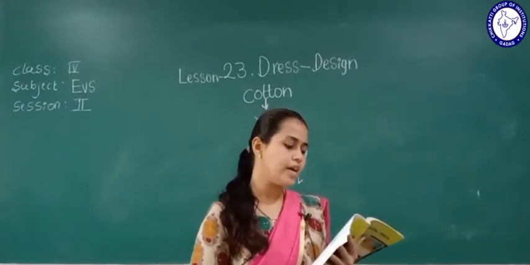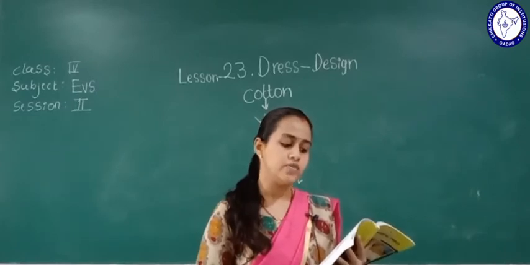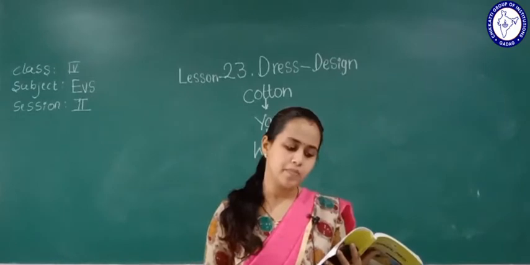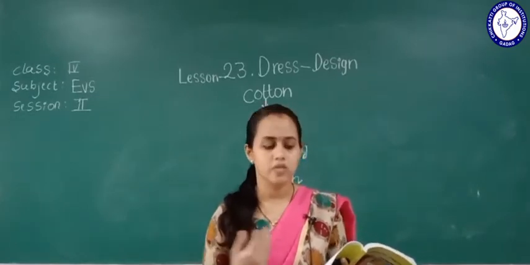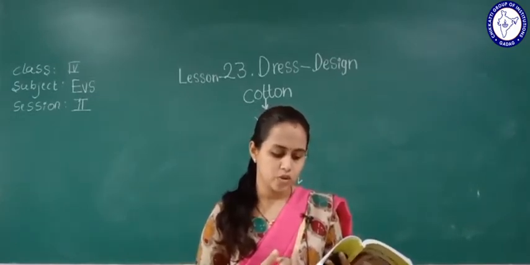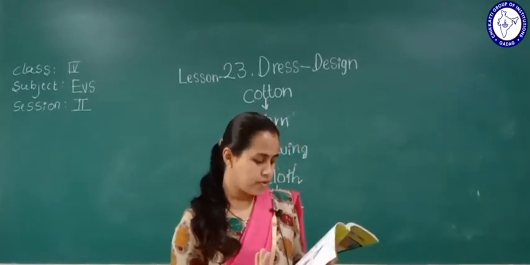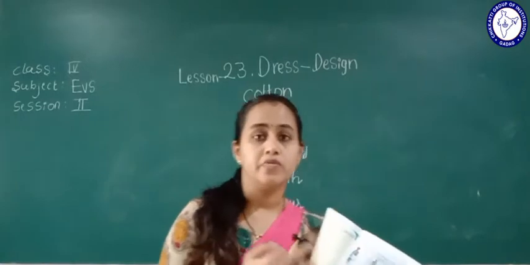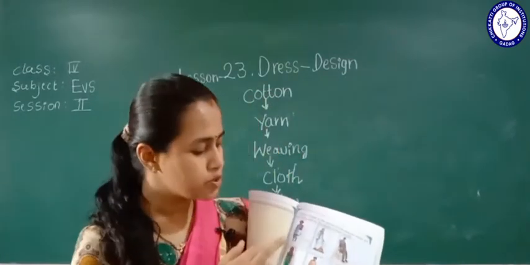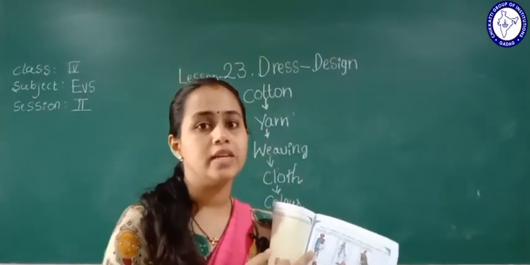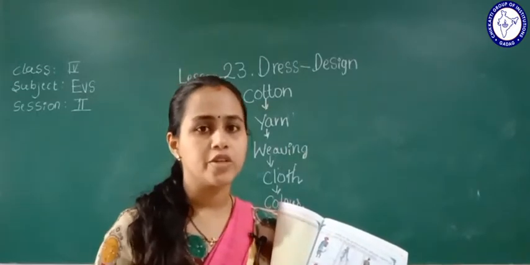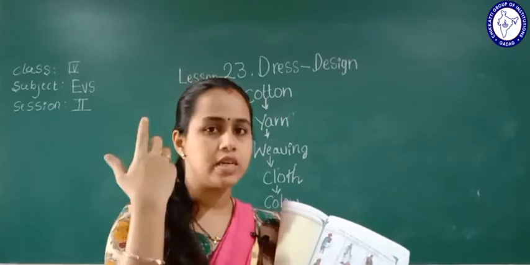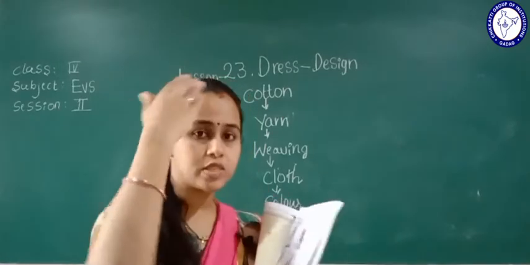So put a right mark on the pictures of the dresses which are generally used by people of your locality, right? If you see the first picture, if your father is a farmer, then he used to wear this kind of clothing, right? With the dhoti, kurta, with a hat, the pagdi, right?